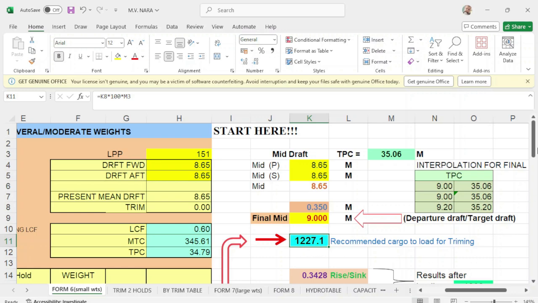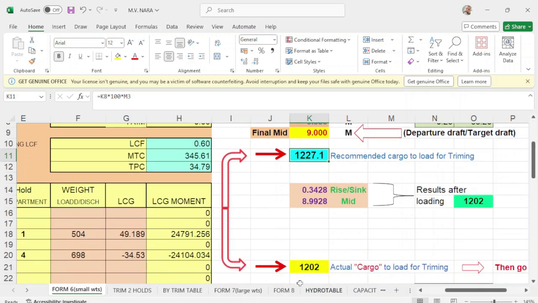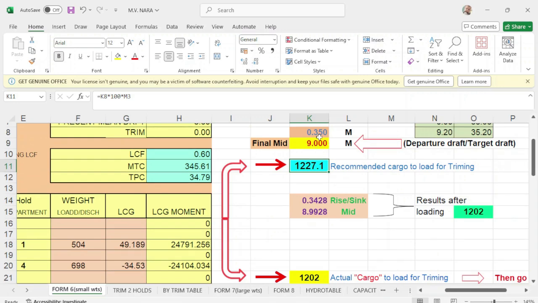Okay, so what happens if I put 1227? Take note, guys, when I use 1202 it is less than 9 meters and the sinkage is less than 35.